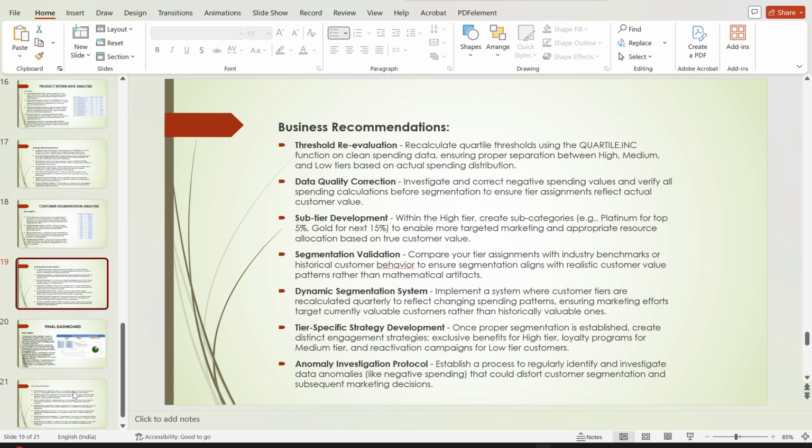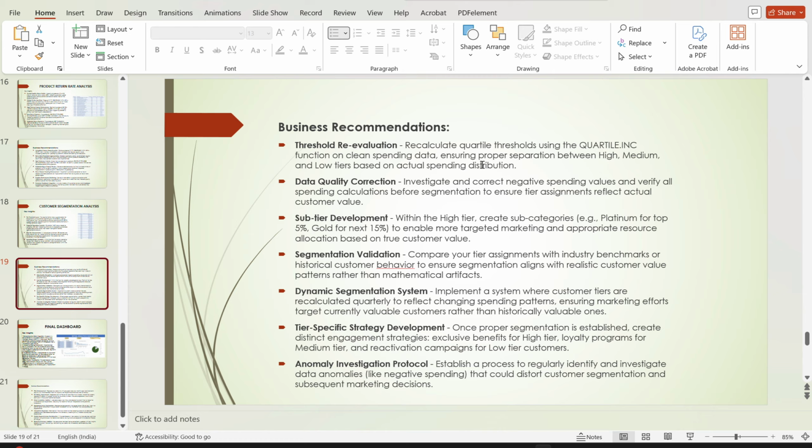So business recommendation for this is threshold revaluation. Recalculate quartile thresholds using the QUARTILE.INC function on clean spending data, ensuring proper separation between high, medium, and low tiers based on actual spending distribution. And the data quality correction.